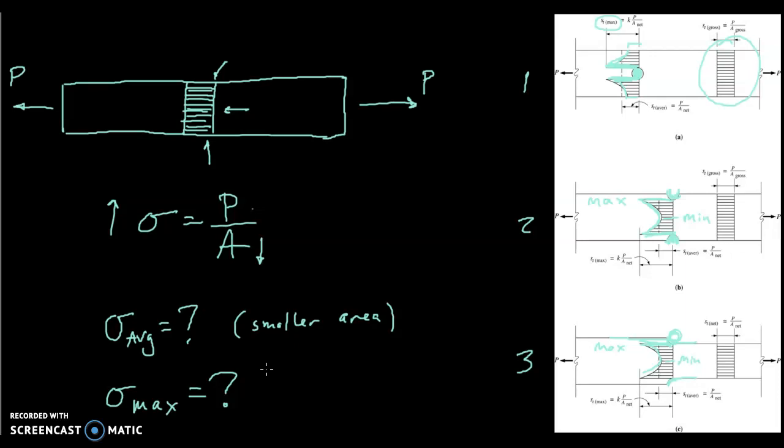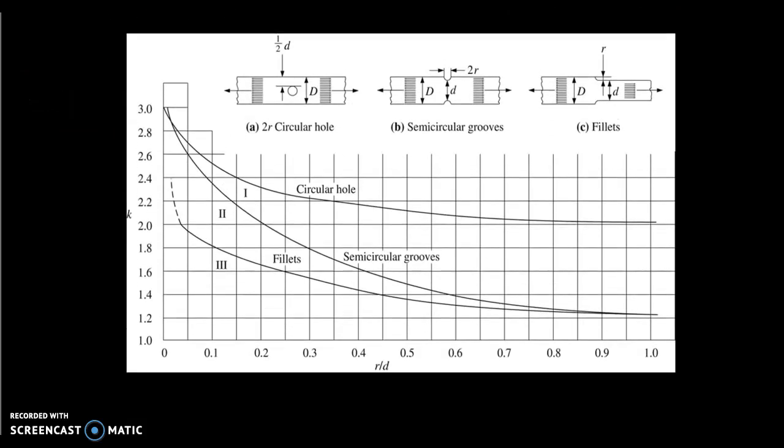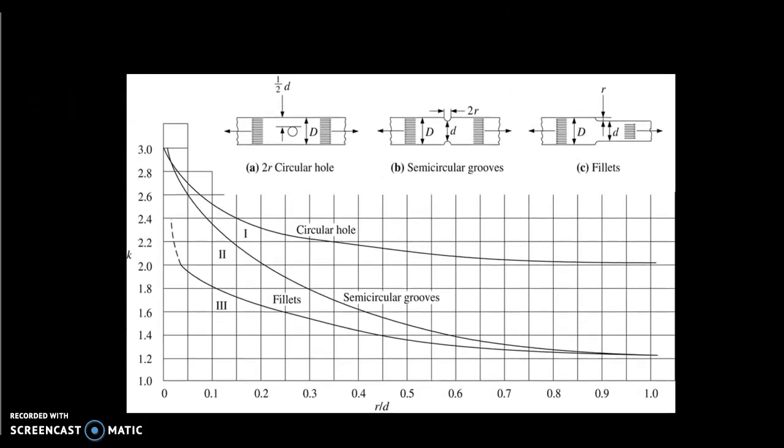So the way we do that is by using a chart in your book that looks like this. Now, the maximum stress is going to equal a coefficient K multiplied by our load divided by the new reduced area, or net area. So K times load divided by area net gives us the maximum.